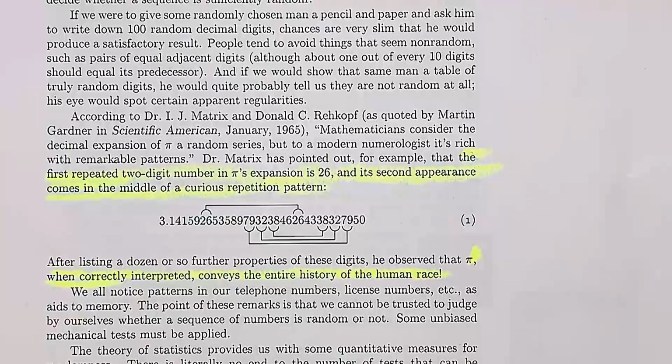Okay, so there it is. And Dr. Matrix shows a lot of other things about pi. And then he says, pi, when correctly interpreted, conveys the entire history of the human race. Now that, I think, you might say is the main purpose of my life then: to interpret the digits of pi correctly. What would be more important to accomplish in a lifetime?